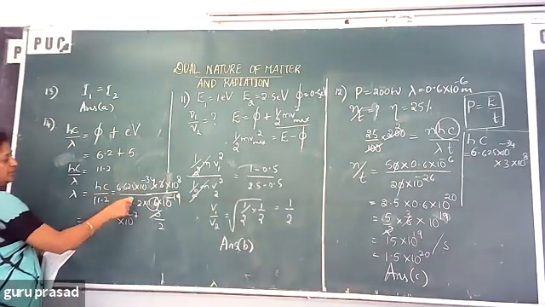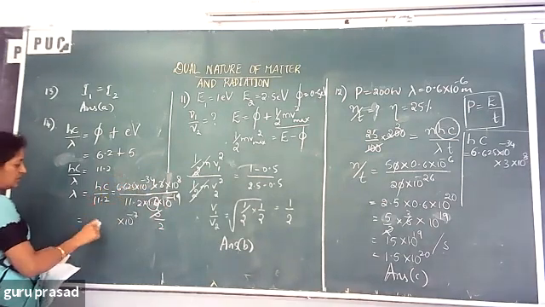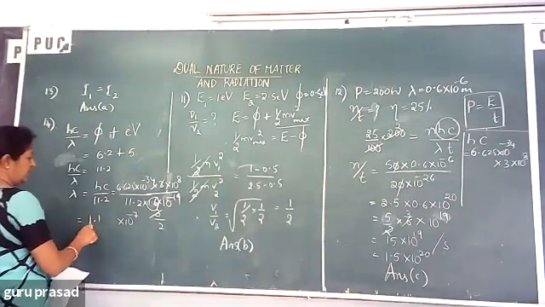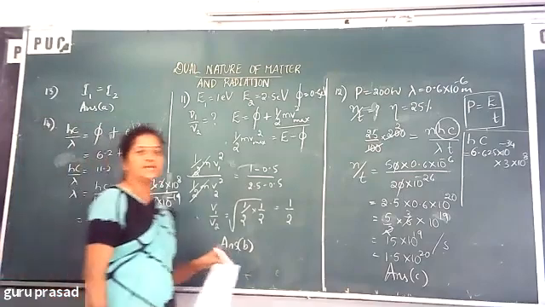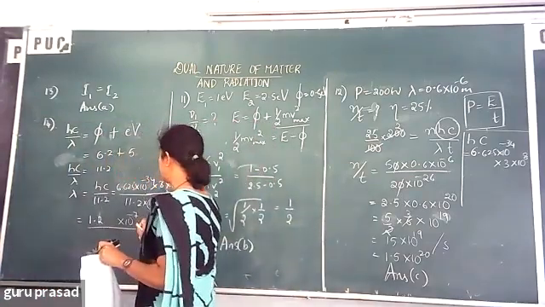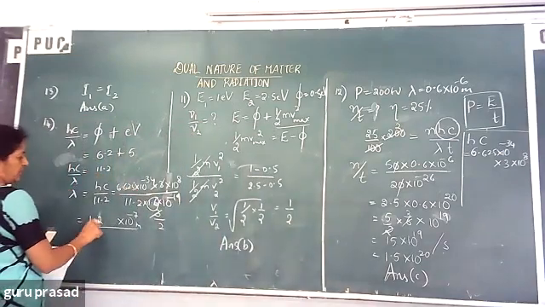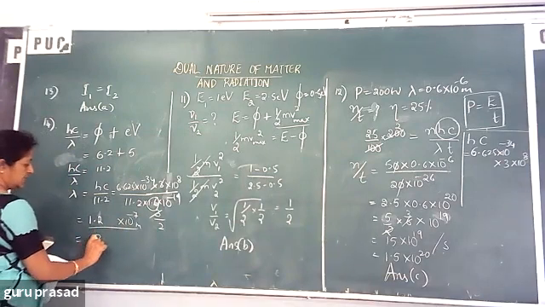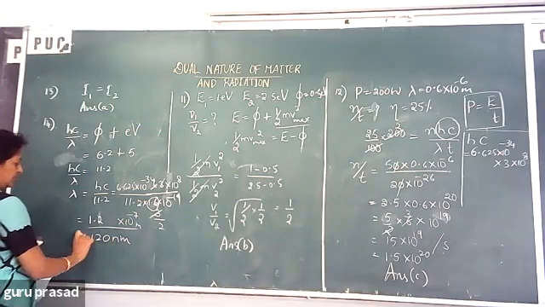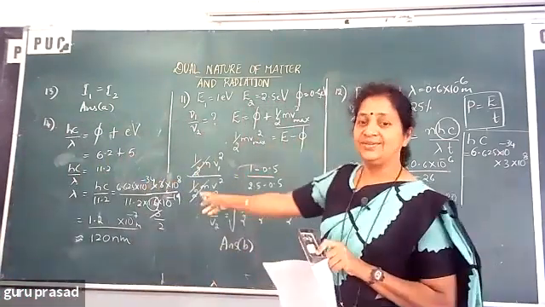Here 11.2, so 12 by 11 is almost 1 point something, maybe 1.1 or 1.2, so much meter. So 1.2 into 10 power 7 is roughly 120 nanometer.